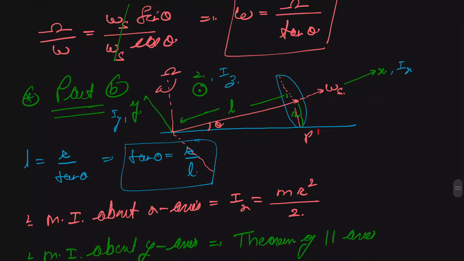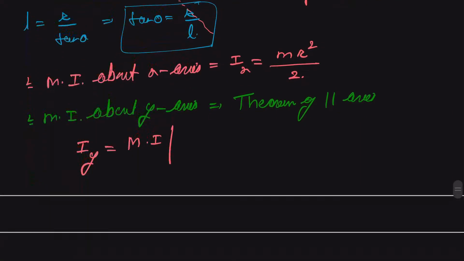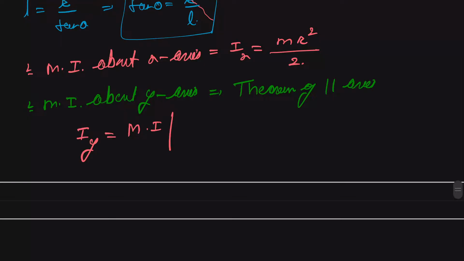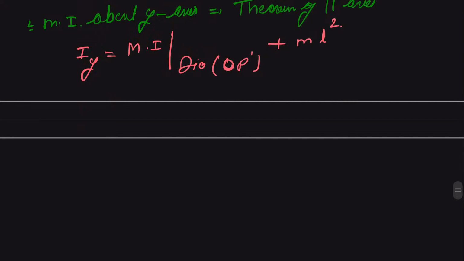So this is our P prime, and this is our q. So the moment of inertia about the diameter qP prime plus the mass times the distance between the two axes, that is our L, which comes as L square.